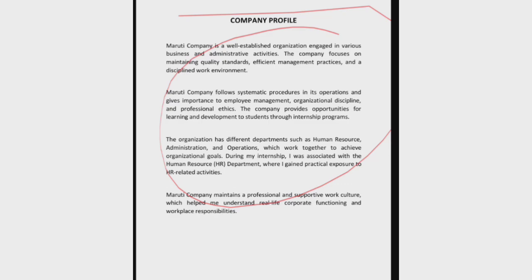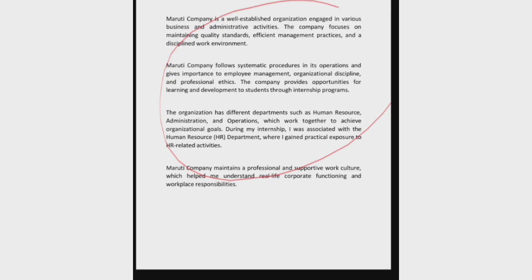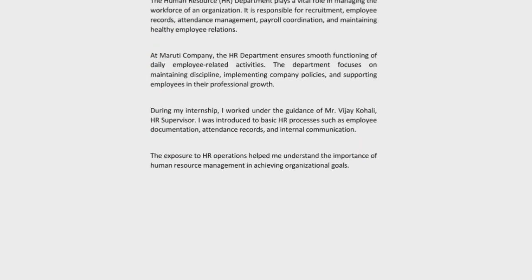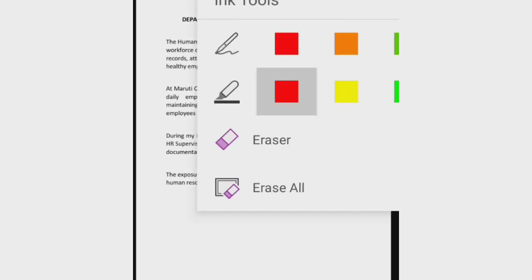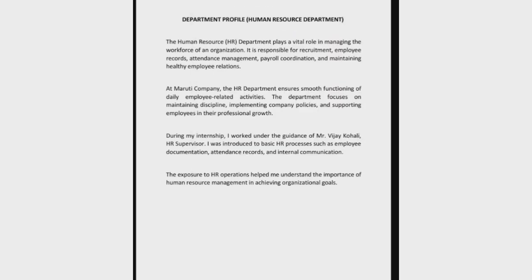Okay, the next is your department profile. In this section, you describe your department, where you work.